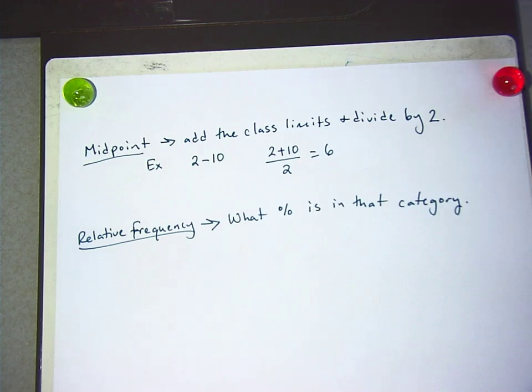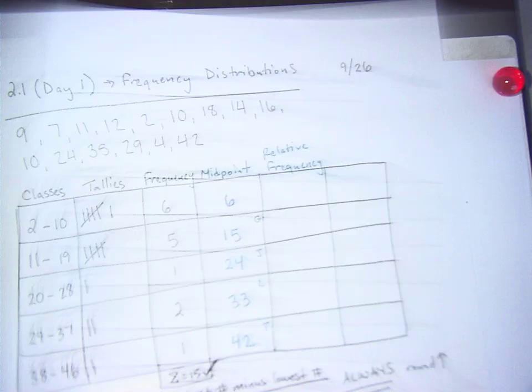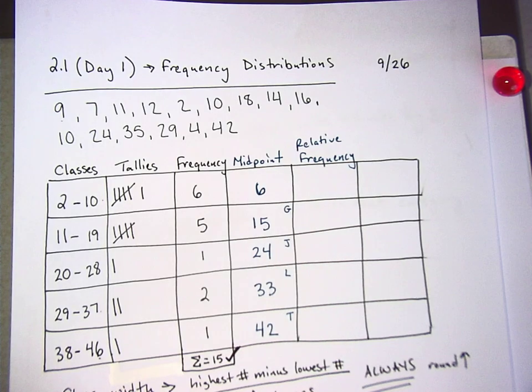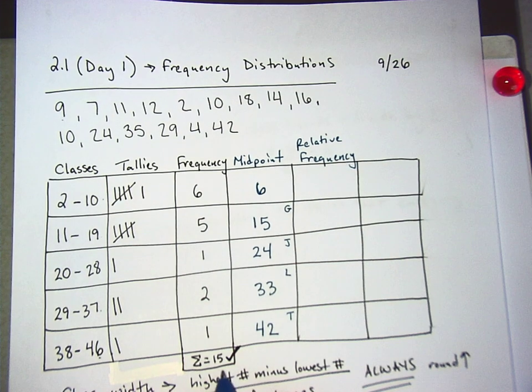How many total data points do I have in this? 15. Do you remember we counted them up before? Okay. So now what we're going to do is make it into a percentage. So if you don't have a calculator, go grab one.